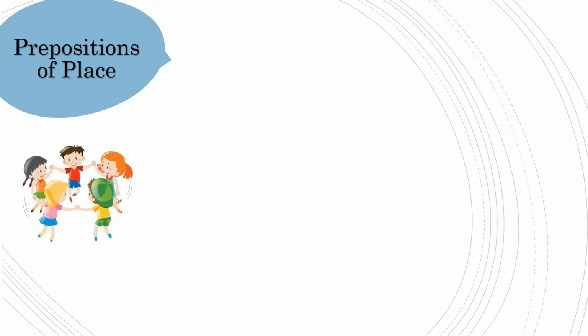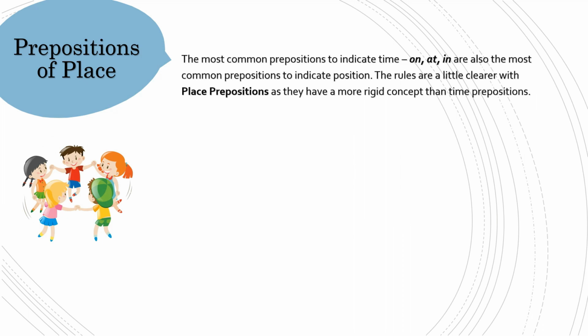Prepositions of place. The most common prepositions to indicate time, on, at, in, are also the most common prepositions to indicate position. The rules are a little clearer with place prepositions, as they have a more rigid concept than time prepositions. On is used when referring to something with a surface.